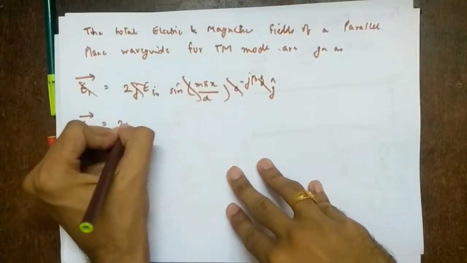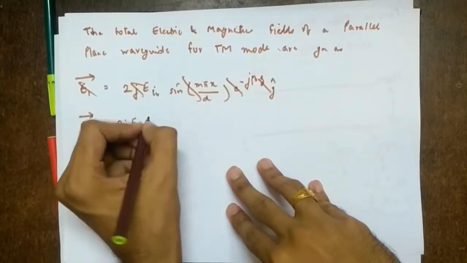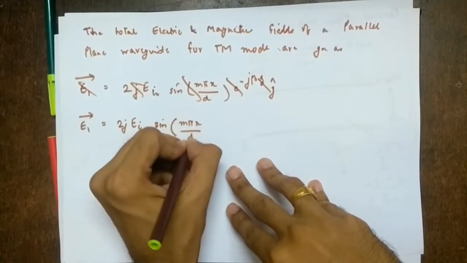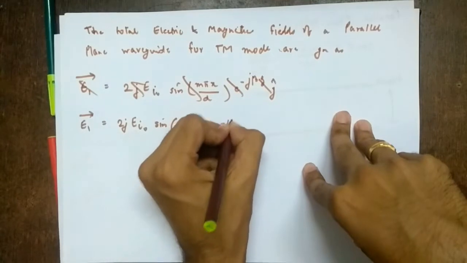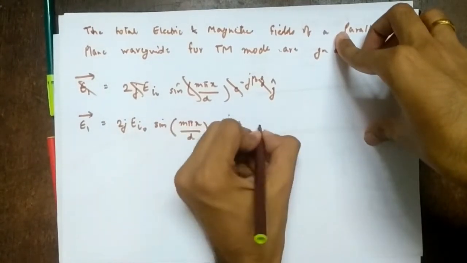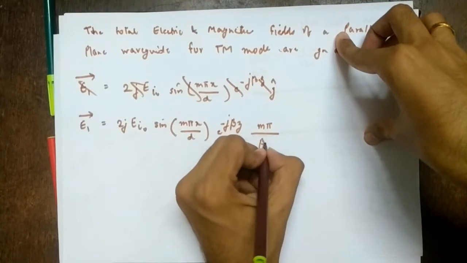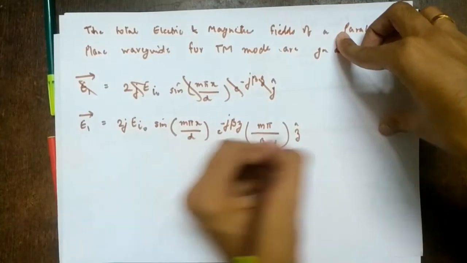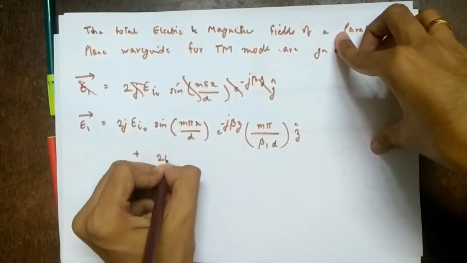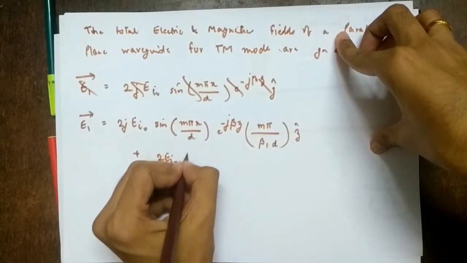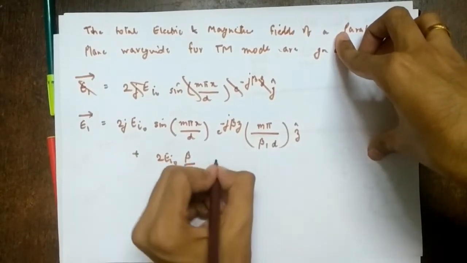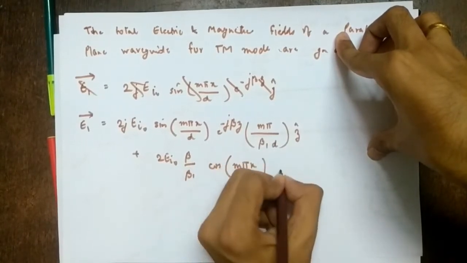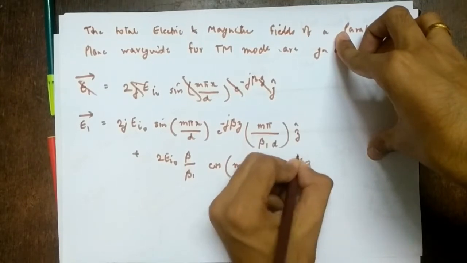So E1 vector equals 2j Ei naught m pi by beta 1 d sine of m pi x by d e raised to minus j beta z, z cap, plus 2 Ei naught beta by beta 1 cos of m pi x by d e raised to minus j beta z, x cap.